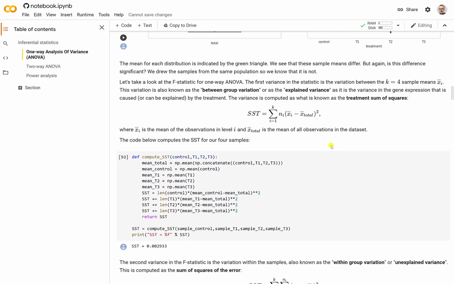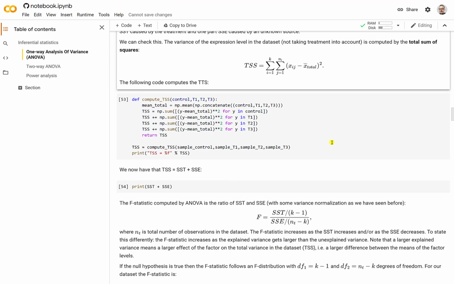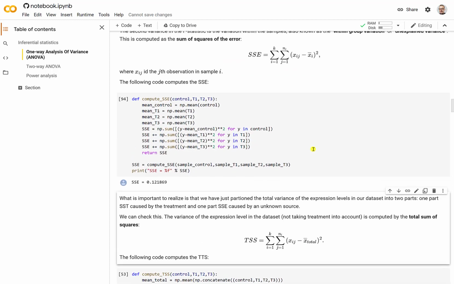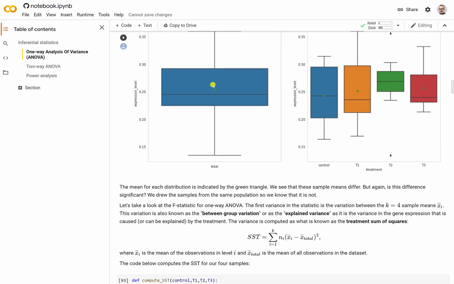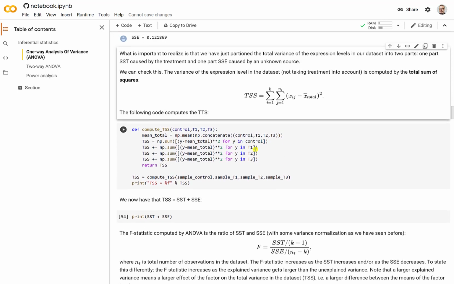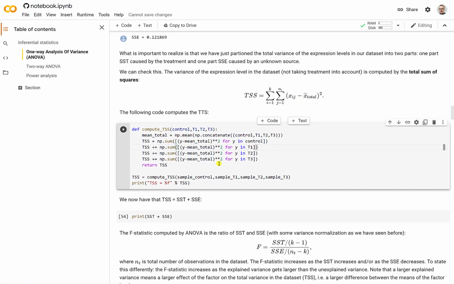And if we look at the total variation, that is what we see here, the total sum of squares. So again, for each group, we look at the difference between the observation and the mean of all the expressions. That would basically be just the variance of the expression values that we have here. Okay, and then we can again implement this formula here.